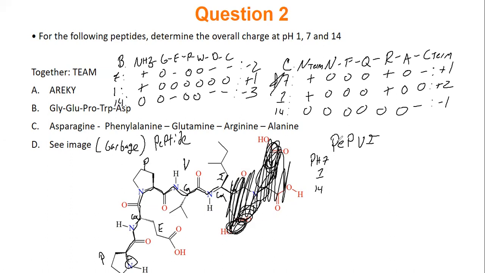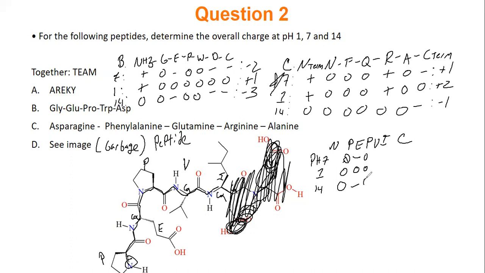So PEVI, pH 7, 1, 14. Well, I need to put my N terminus in there. N term, PEVI, C term. So P doesn't have a pKa, so it's neutral throughout. E is negative at 7, so that means it'll be neutral at 1 and negative at 14.